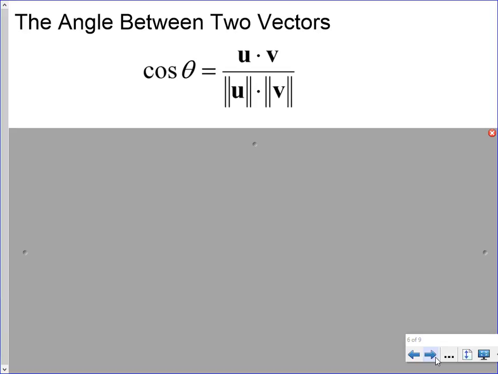If you want to add some things into your notes to help you, u times v is really the dot product. So you're going to put the dot product in the numerator. And then down here we're talking about the product of the magnitudes. So you'll have to have a magnitude for u and a magnitude for v.